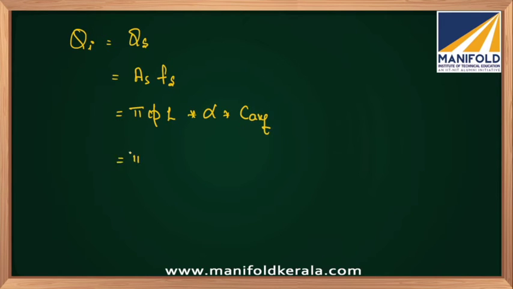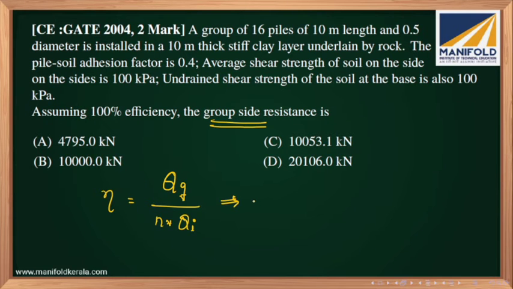So pi, diameter is given as 0.5 and length of the pile was given as 10 meter, and the adhesion factor was given as 0.4, and the average cohesive strength was given as 100. So by simplifying this, 3.14 into 0.5 into 10 into 0.4 into 100, we'll be getting 628 kilonewton. So then substitute here, efficiency equal to 100%, let it be 1.